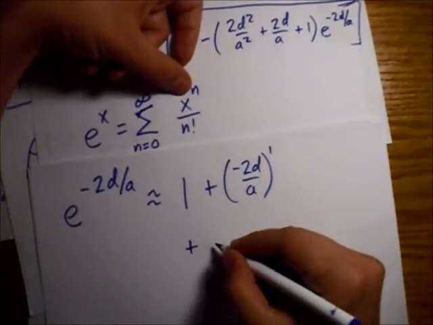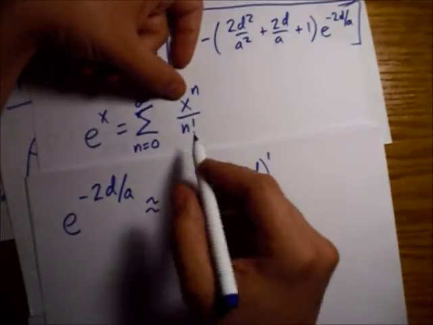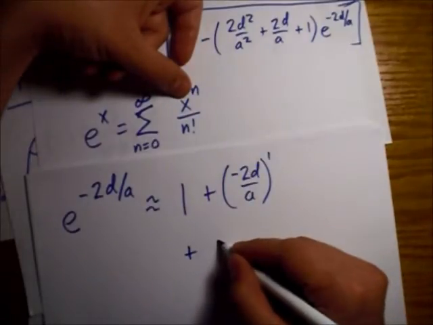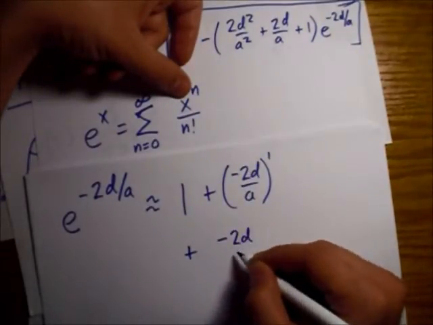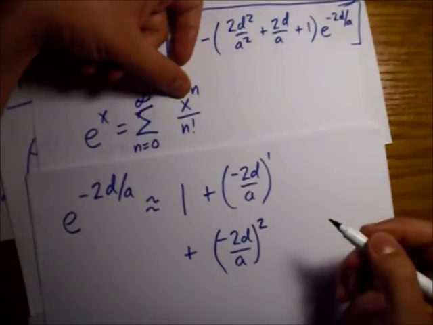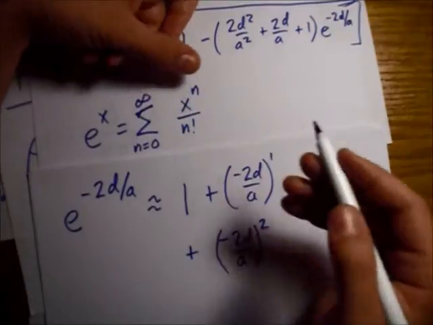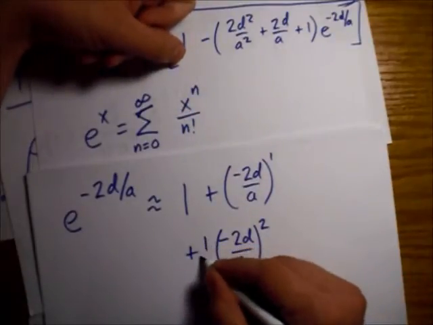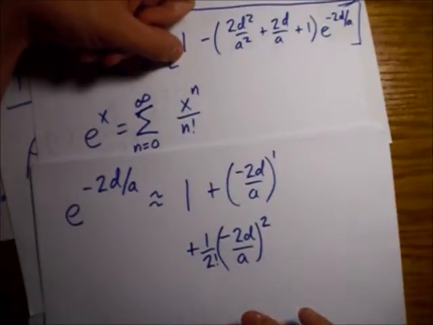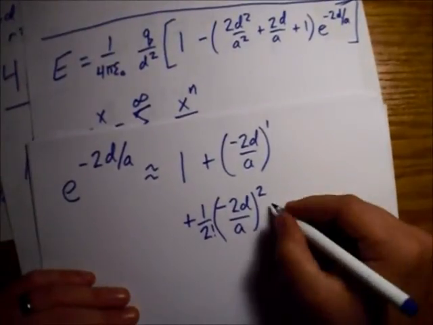So now for the third term, n is equal to 2, so we have a minus 2d over a to the 2nd power now, and then our 2 factorial is just 2. I can write a factorial here if that helps us remember what we're doing.